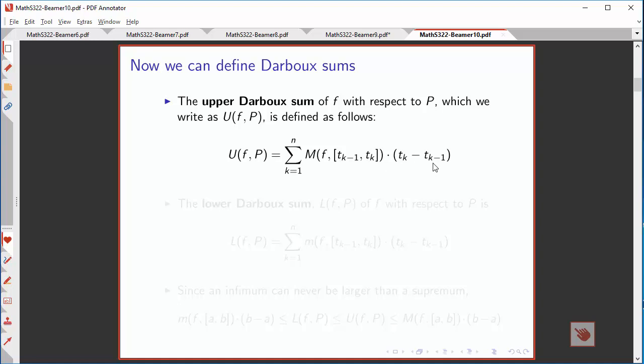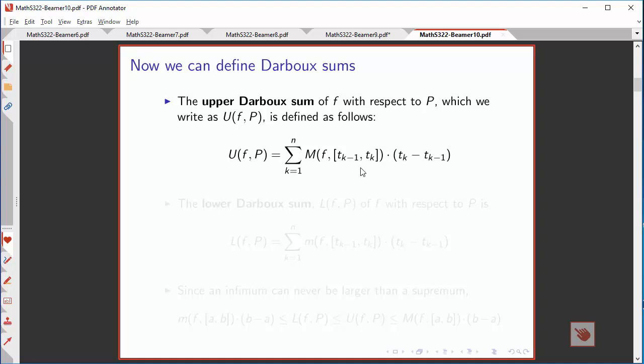I'll then do the same for k equals 2 with the subinterval from t1 to t2. And when I sum all these quantities up, I get something that's a pretty good approximation to the integral, and it in fact is guaranteed to be larger than the value of the integral. This is what I mean by the upper Darboux sum.